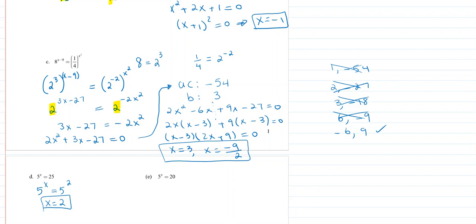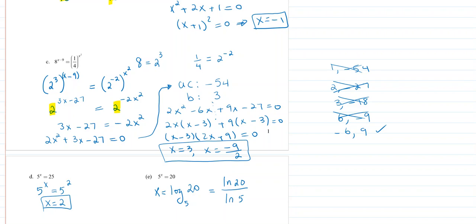So we want to be able to solve this equation too. Of course, you could just rewrite this in logarithmic form, and that would give you x equals log base 5 of 20. And you know that you can use the change of base formula, and the answer could be written as either log or ln of 20 over ln of 5.